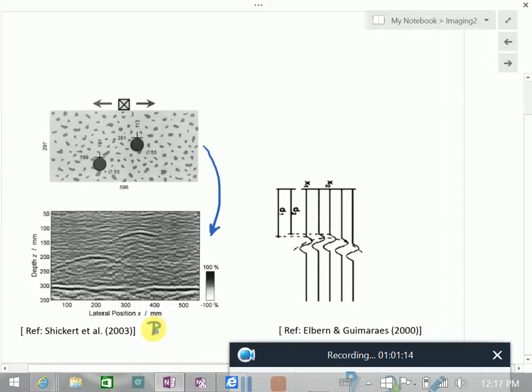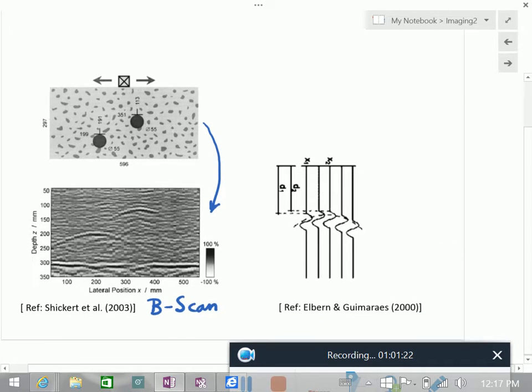The B doesn't really stand for anything, but this is what everyone calls it. B and D you can use interchangeably, but not with C scan. C is like section, I know it's with an S, but C is different from B or D. That's a bad mistake.